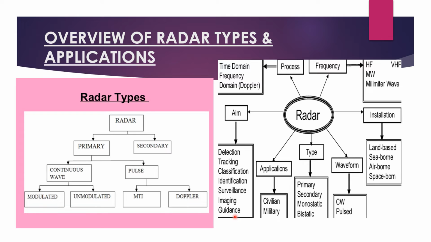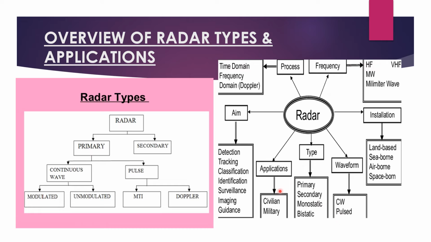Similarly, if any missile is coming toward your area, the radar is able to detect it. Applications are broadly classified into two types: civilian application and military application. I have already told you.